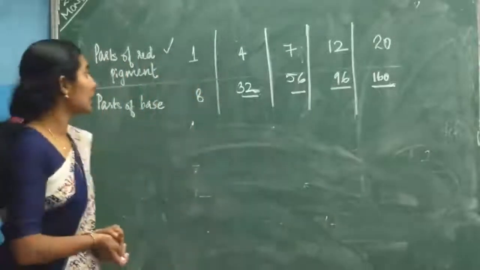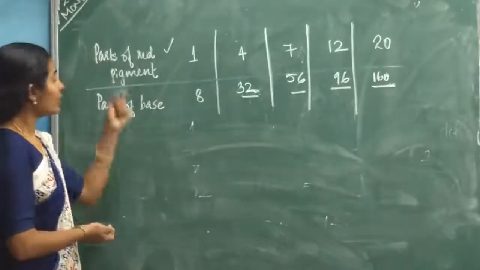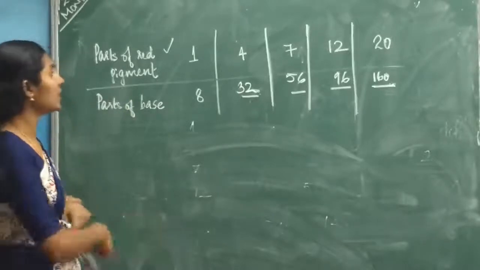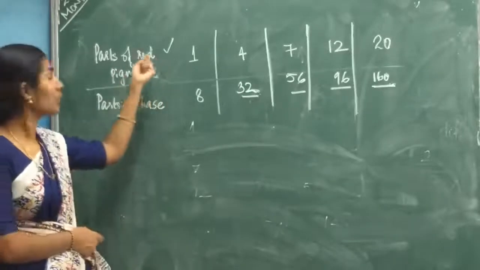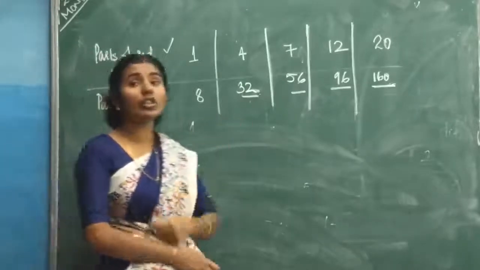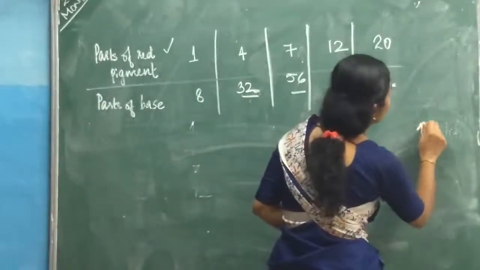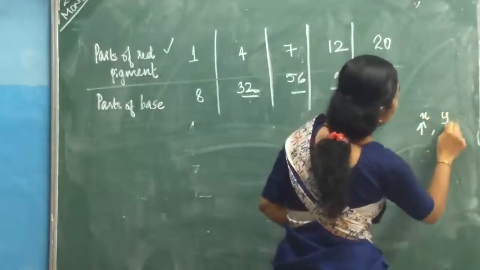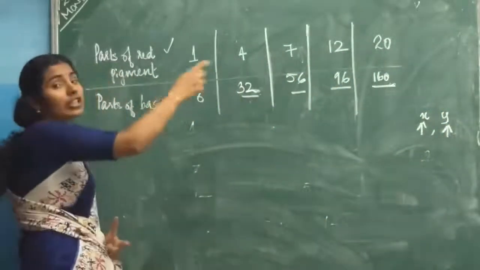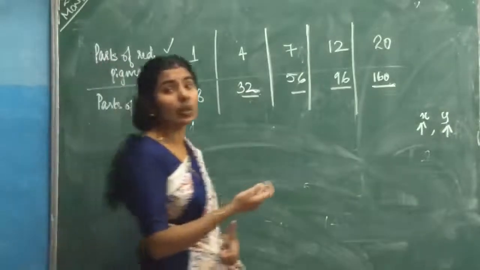So to find that, see here, these quantities are in direct proportion, isn't it? What is the reason? Here the first quantity is increasing, so correspondingly the second quantity is also increasing. Now when you take the ratio, that ratio is also the same.